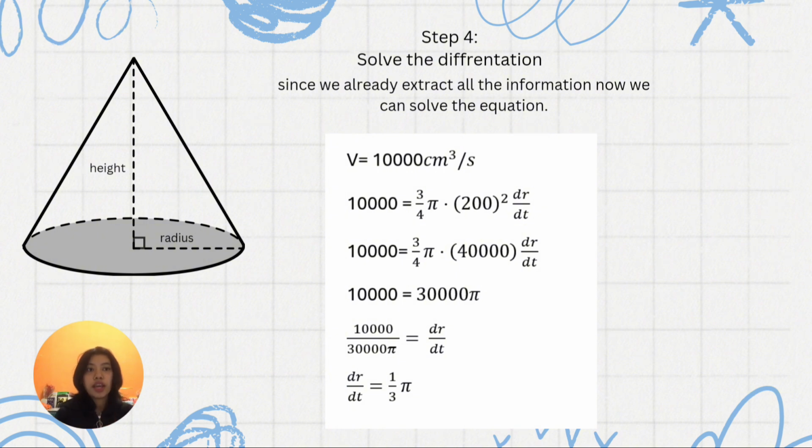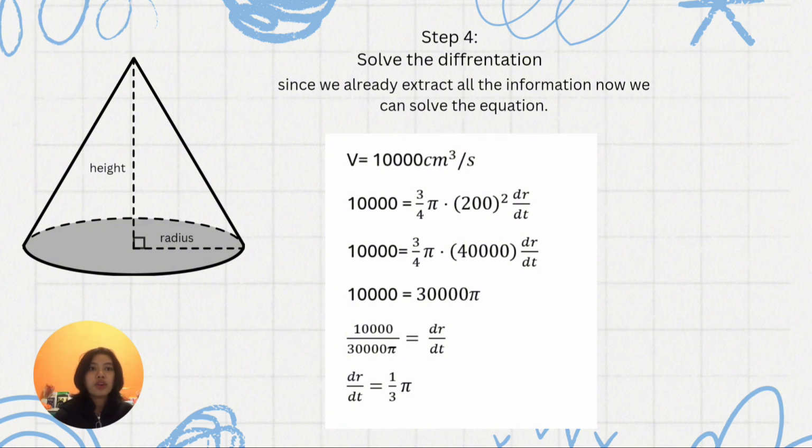Since we already extracted all the information, now we can solve the question. Since they already stated the volume rate is 10,000 cm³ per second, we can put it in our formula. We also know the radius, so we can put 3/4 pi multiplied by 200 squared, since 200 is the radius.